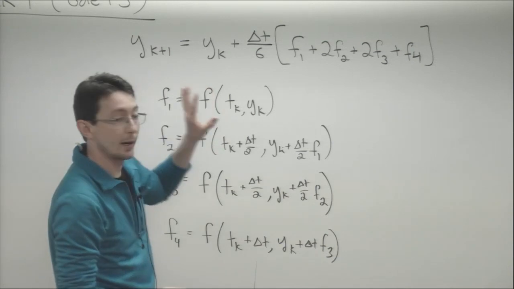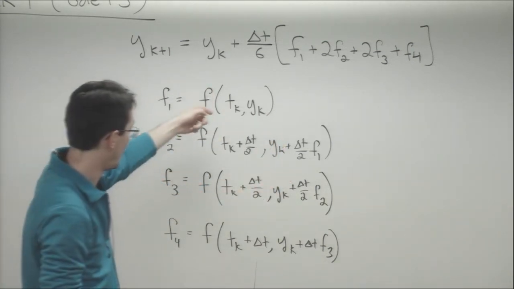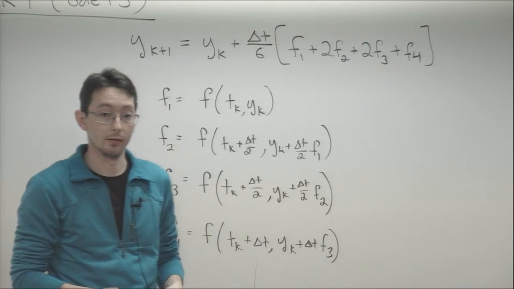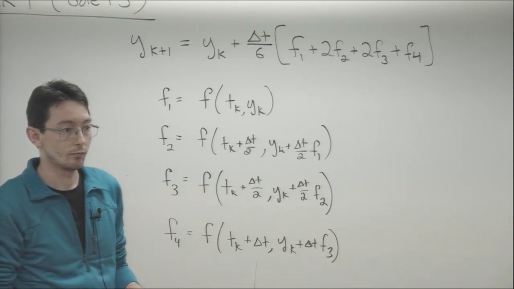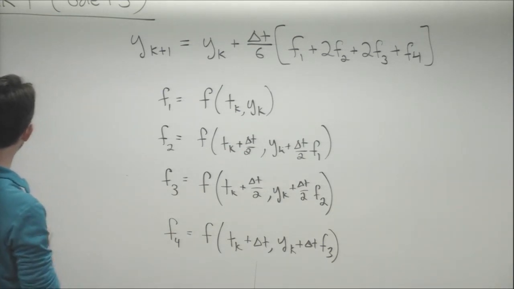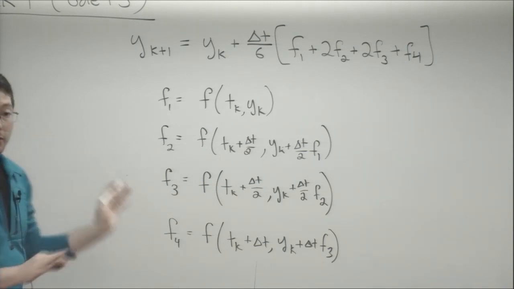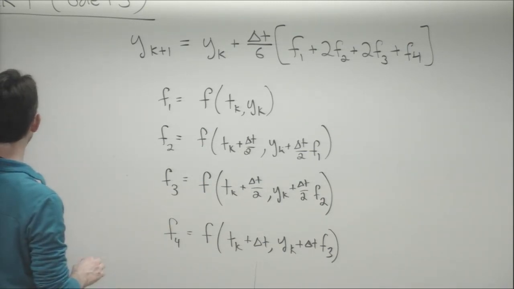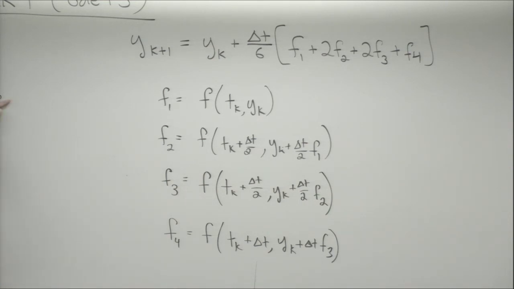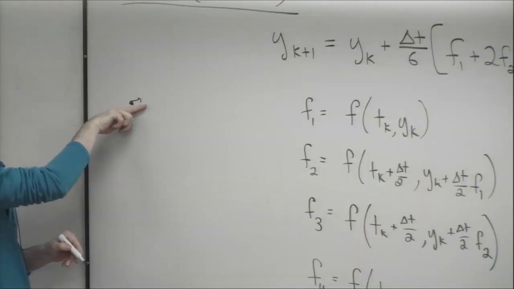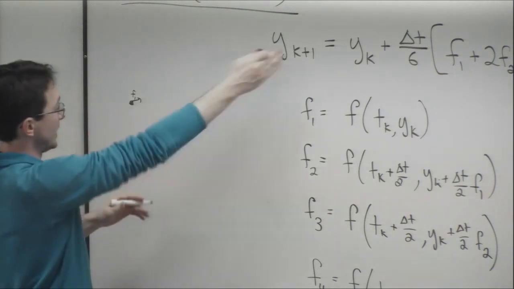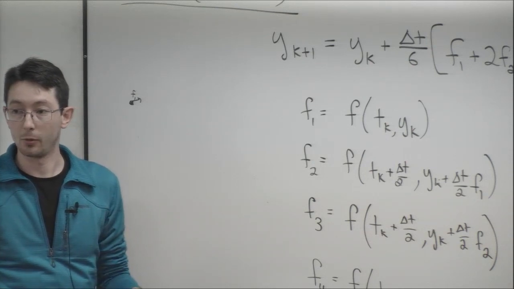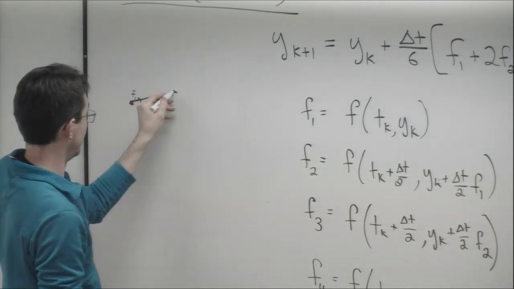Okay, are there questions about the geometric meaning of why we're taking these half steps and what we're doing? Right, the idea is, again, if I was doing a naive forward Euler, then I would take my local direction of my vector field f at tk, yk, this is f1, and I would just go blindly and take a full delta t step in that direction.